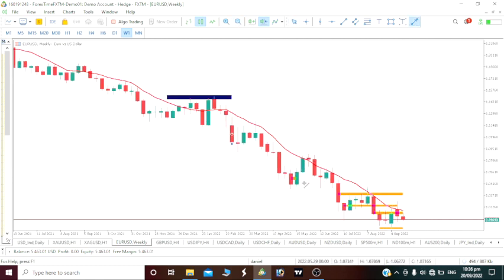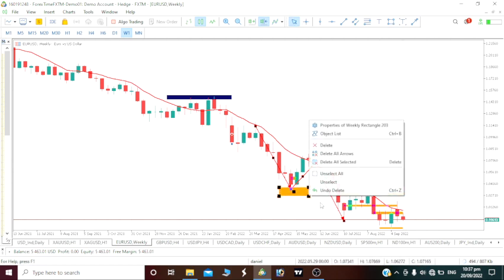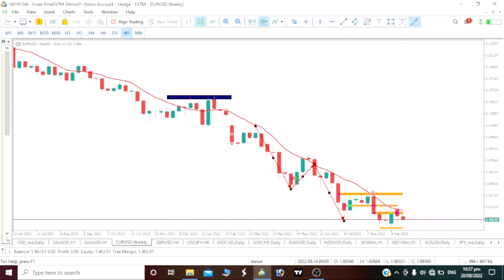Now see it this way. This was an impulse move downward. A correction was made that came to the 10 period moving average. We had another impulse move, right, which broke below the previous lower lows. We can see a correction was made which came to tap our 10 period moving average again. Then an impulse move was made downward.